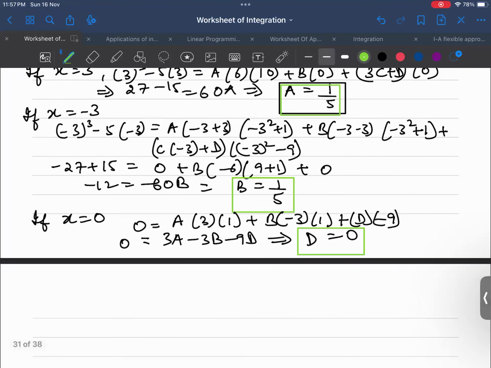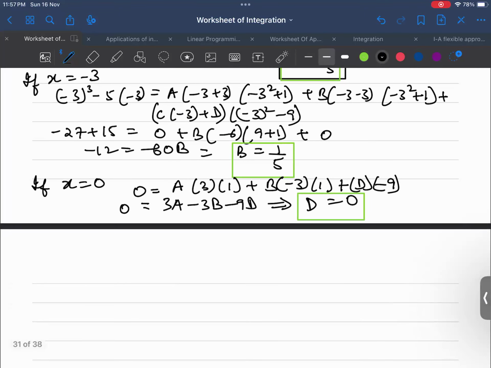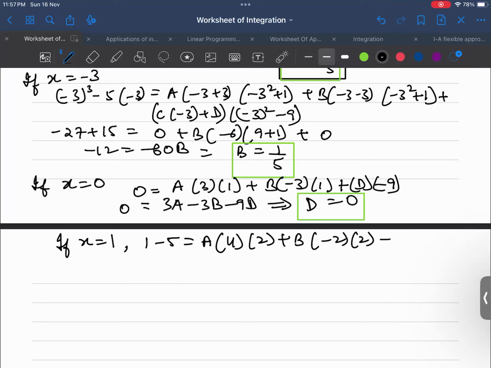Right? Now, if x is equal to 1, now solve for it. 1 minus 5a times 4, 2 plus b would be minus 2 plus 2 plus c times 1 plus d. It would be minus 8. Multiply minus 8. Minus 4 equals 8a minus 4b.